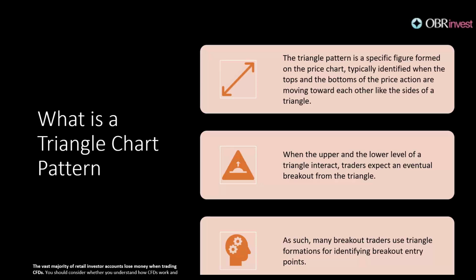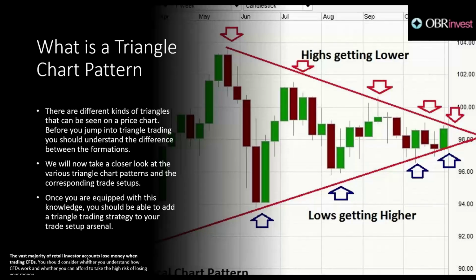So as such, many breakout traders use triangle formations for identifying breakout entry points. Now, there are different kinds of triangles that can be seen on a price chart. Before you get into triangle trading, you should understand the difference of the formations. Now, we've been talking about this all along, so we don't need to spend a great deal of time on it. But what you see in the background is called a symmetrical triangle.